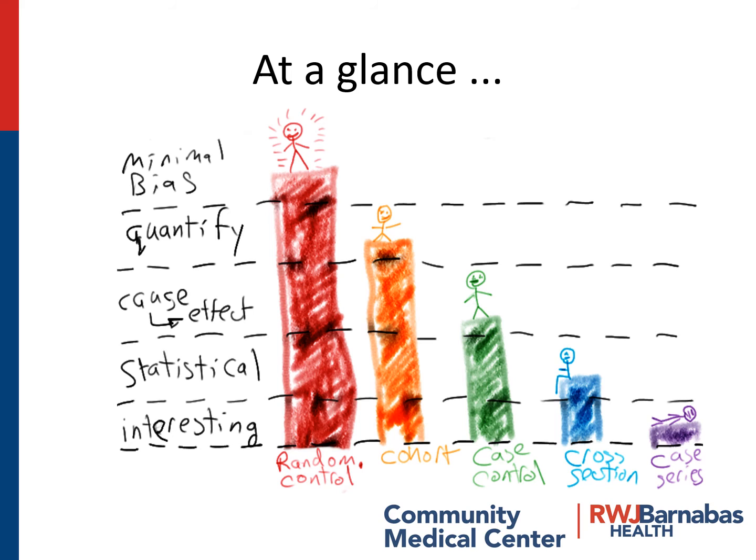A case control study has the ability to definitively establish cause and effect. A cross-sectional study has the ability to establish a statistical association with a purported cause and a purported effect, but it's unclear what causes what. And finally, a case series is just at the very beginning of, maybe there's actually a connection here.